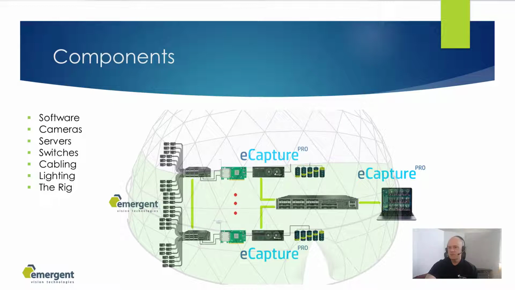In addition to being a primary supplier of cameras for such applications, we at Emergent Vision Technologies also provide our ECapture Pro software for near turnkey integration. The combination of cameras, software, consultation, and support have made Emergent a must-stop shop for many companies from startups to Tier 1 corporations over the past 10 years.